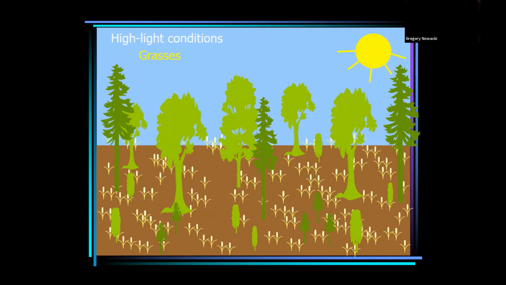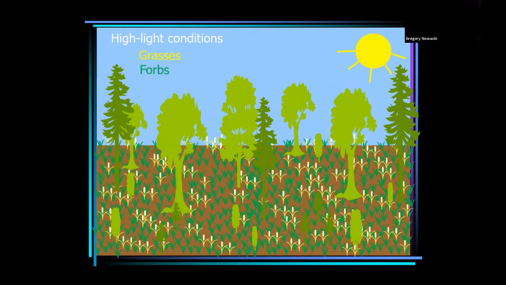That made for a very robust, very diverse understory made up of grasses and forbs. And lastly, a grand shrub component: blueberry, raspberries, huckleberries, all those good things.